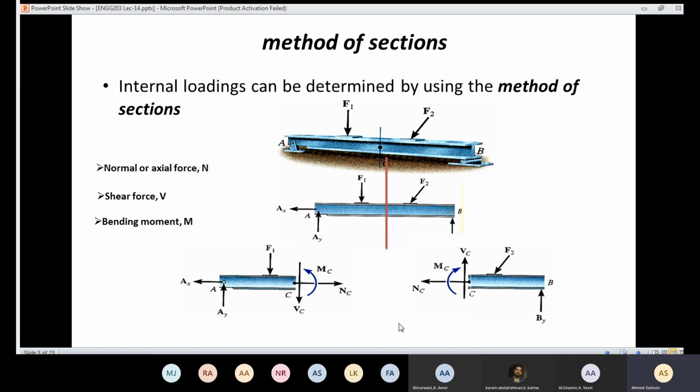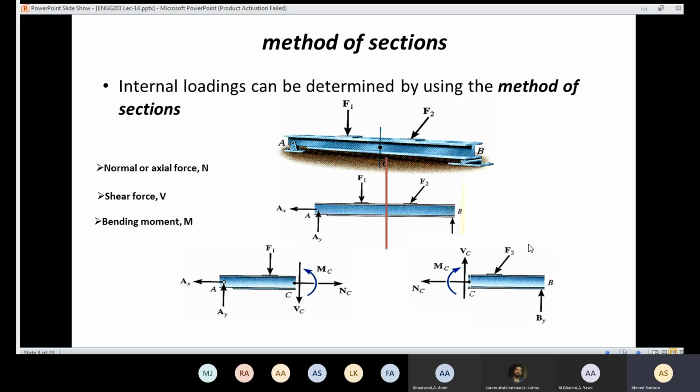And the next question is how I'm going to calculate these forces. Like I said, in order to have a safe design, the part after the cut should be in equilibrium. So if you apply the equations of equilibrium for that part alone, we are going to be able to calculate NC, VC, and MC.